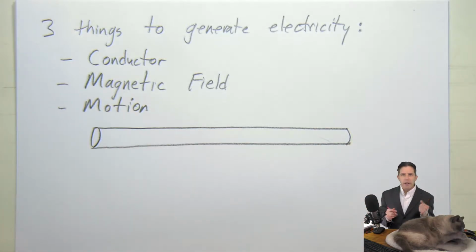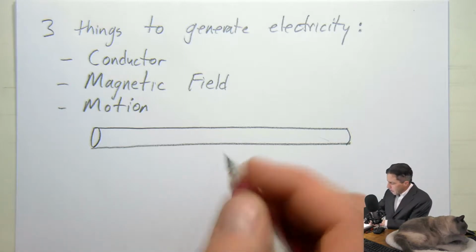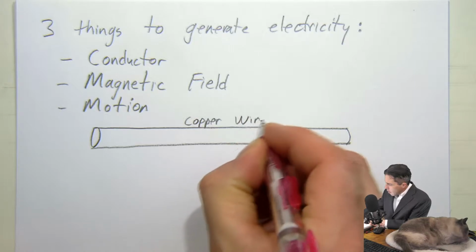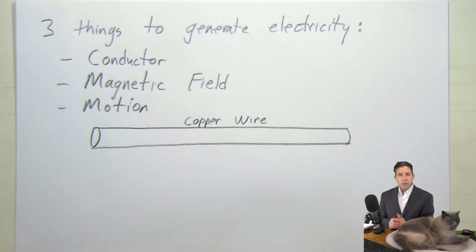So imagine a wire, right? So I've got this copper wire here, and when we talk about electricity, what we really mean is we've got the flow of electrons going down a wire.